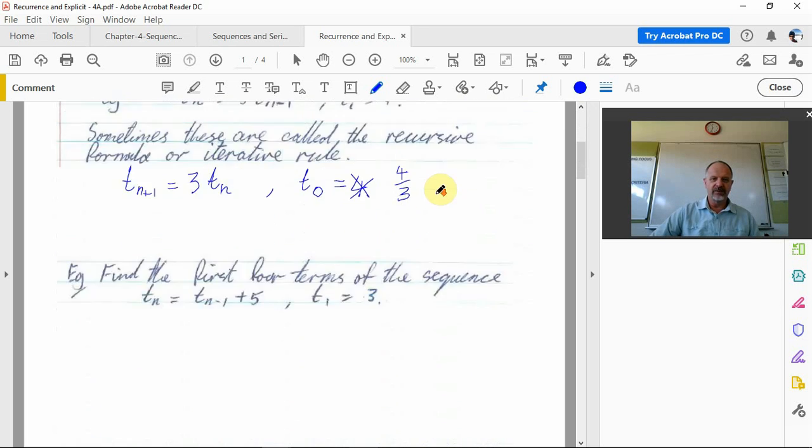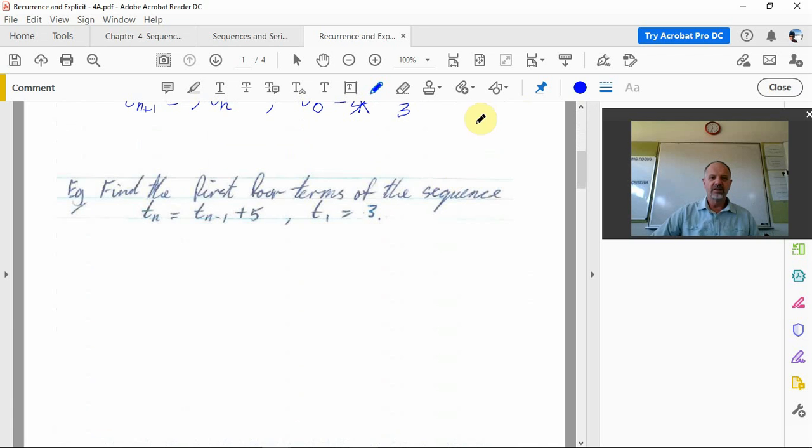So here's an example. Term n is term n minus 1 plus 5, and term 1 is 3. So term 2 would be term 1 plus 5, which would be 3 plus 5, which is 8.